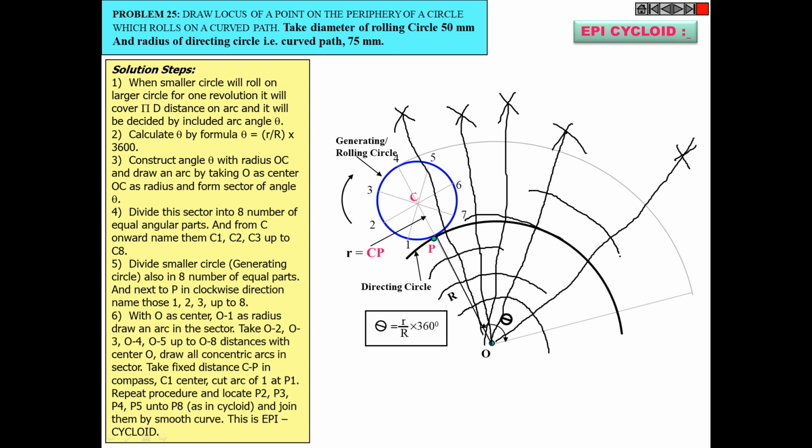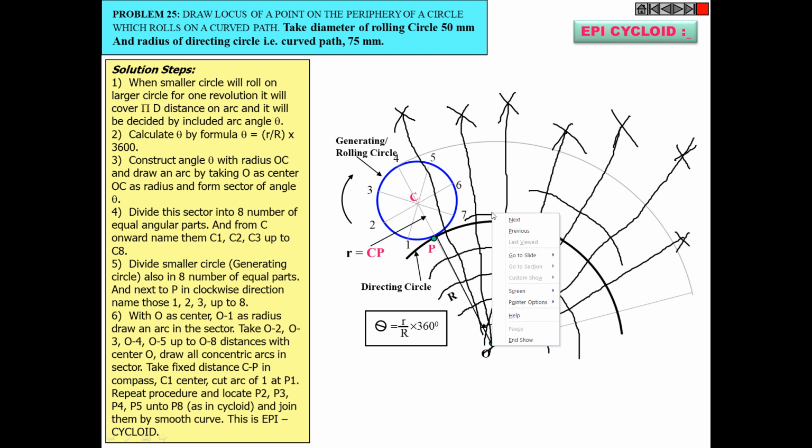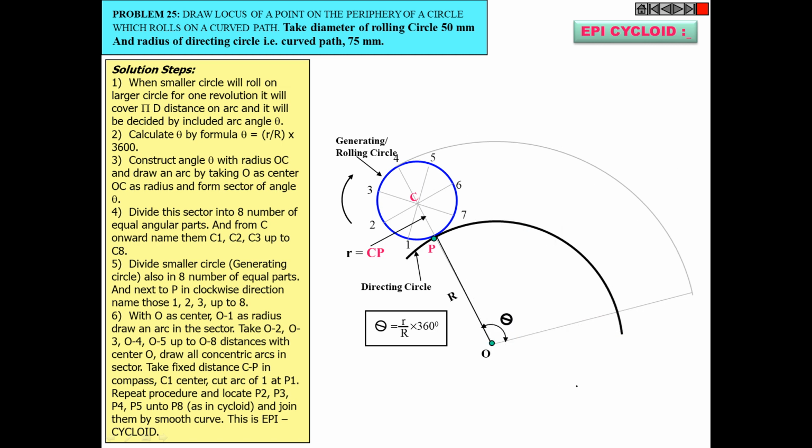Again if I bisect this sector, and again this one, now check. 1, 2, 3, 4, 5, 6, 7, 8. So always use this method to bisect your complete sector into 8 equal parts. So just do it. 1, 2, 3, 4, 5, 6, 7, 8.